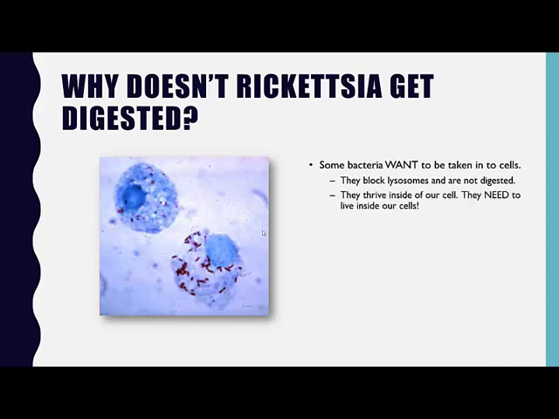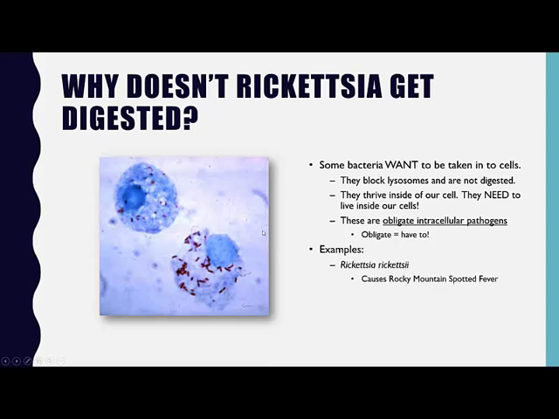They even thrive inside the cells. They replicate, and many times they need to live inside of our cells. We call these kinds of pathogens obligate intracellular pathogens. Break it down. Obligate means they have to. Intracellular means in the cell. They have to be in the cell.